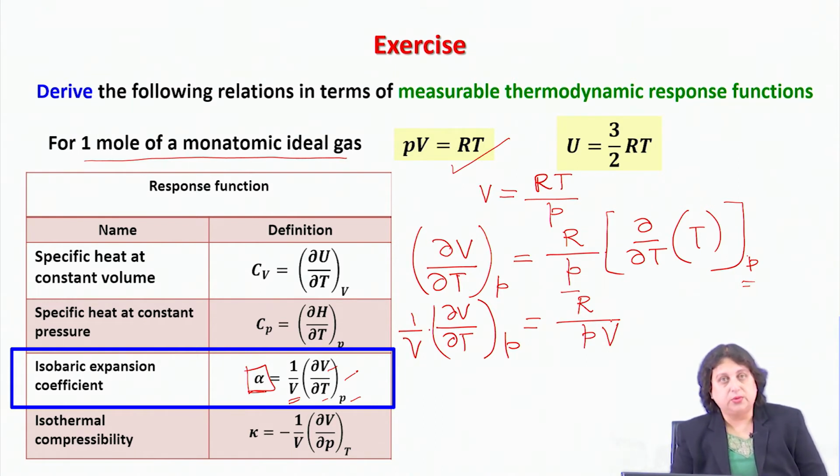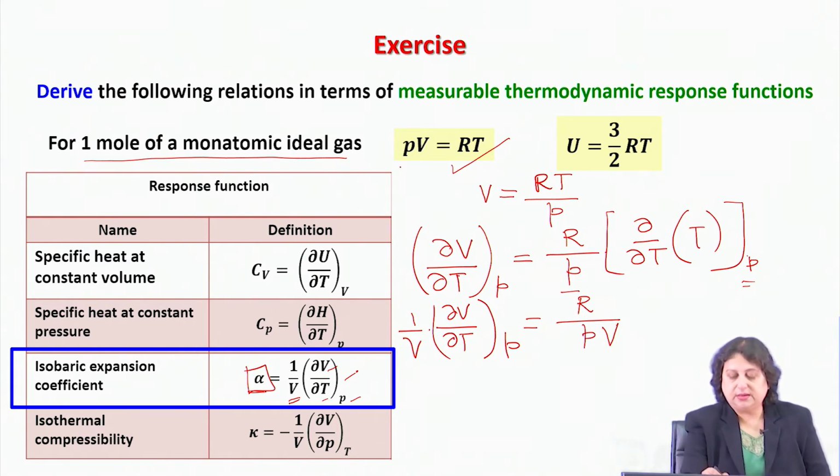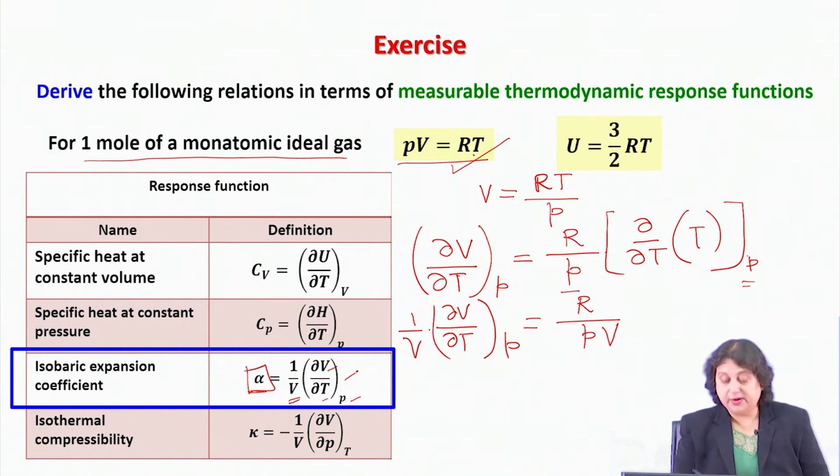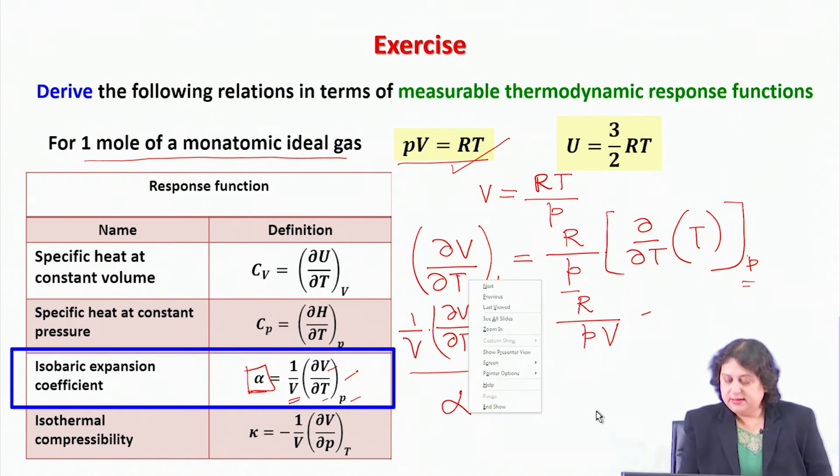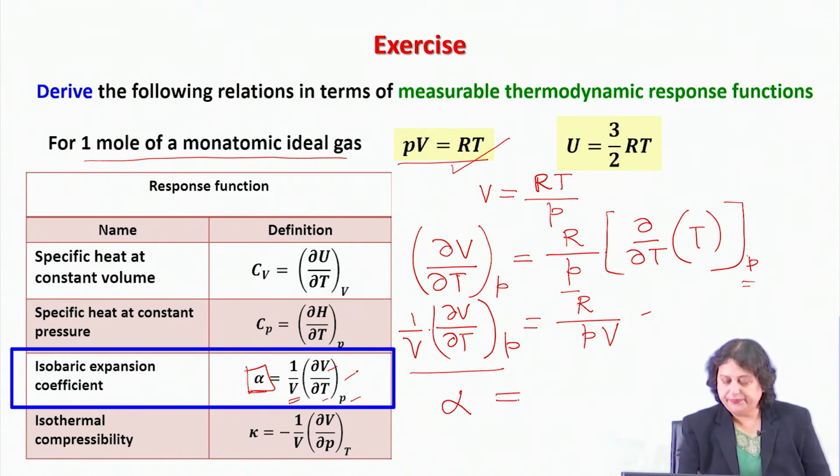Now I already know that PV is equal to RT, so I can further simplify this expression. This quantity is alpha, and this is equal to R divided by RT. So what is the final expression of alpha?